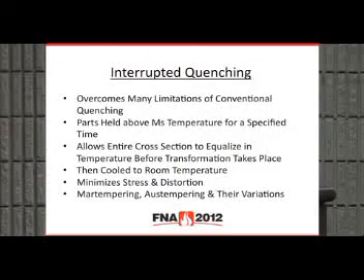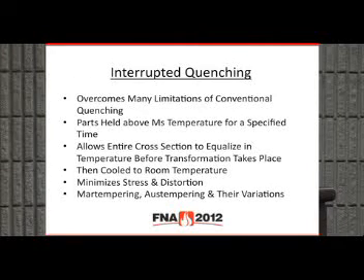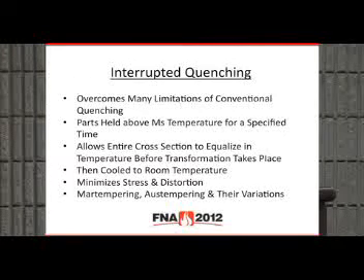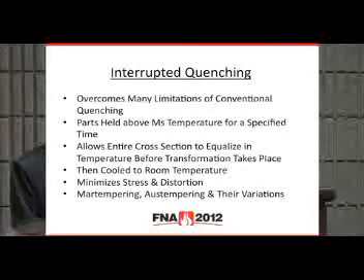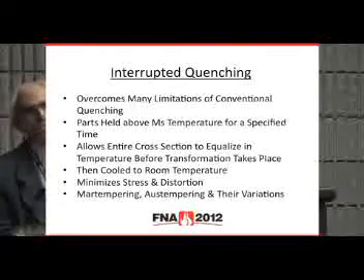Interrupted quenching is where you interrupt the quenching process at a temperature which is slightly above MS, that is the martensite start temperature, and you allow the entire cross section to equalize in temperature and then cool it to room temperature, during which the transformation will take place on the entire cross section almost simultaneously.